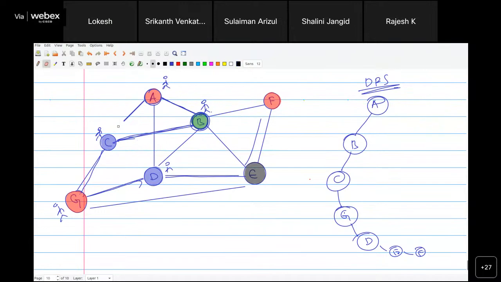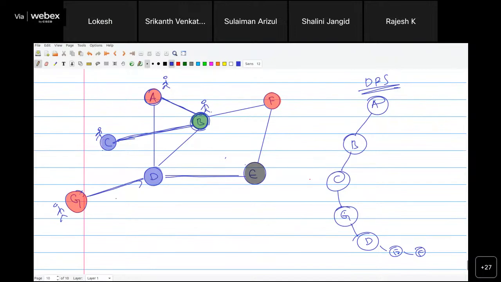I will show you one example where we might reach dead end points. Maybe I will remove this, and I will remove this as well, this as well. So A, B, C coming back, D, E, F coming back.